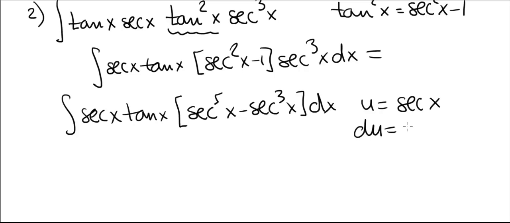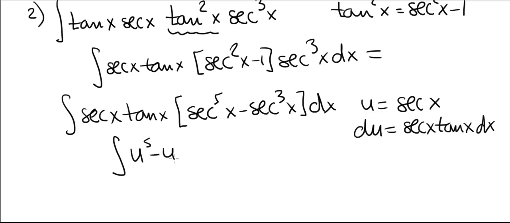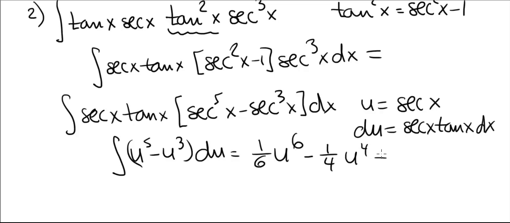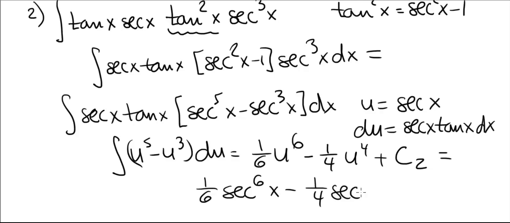Du becomes secant x tangent x dx, and our integral looks like this: u to the fifth minus u to the third du, which is 1/6 u to the sixth minus 1/4 u to the fourth, plus the constant of integration, call it c2. So this is 1/6 times secant to the 6th x minus 1/4 times secant to the 4th x plus c2. And that's the second way of doing this problem.